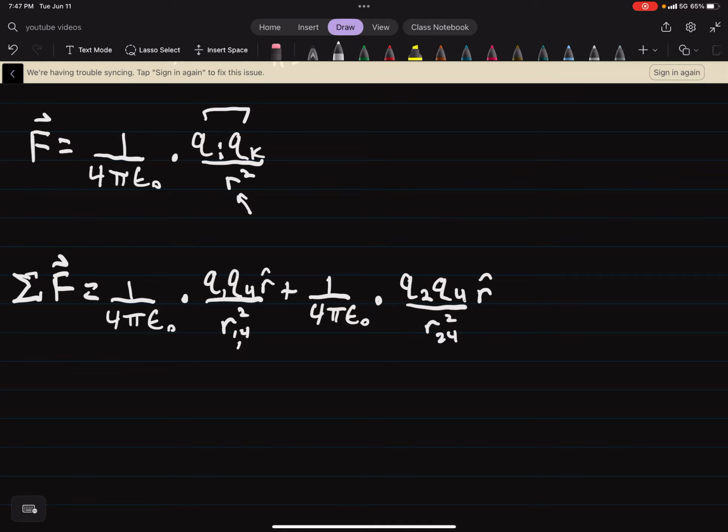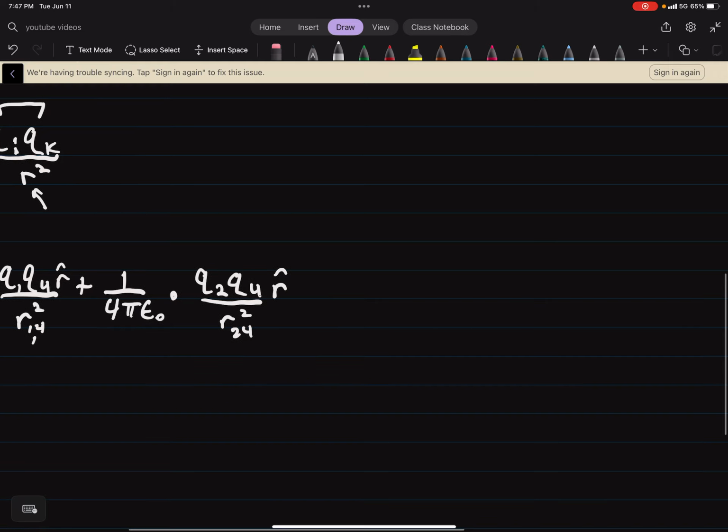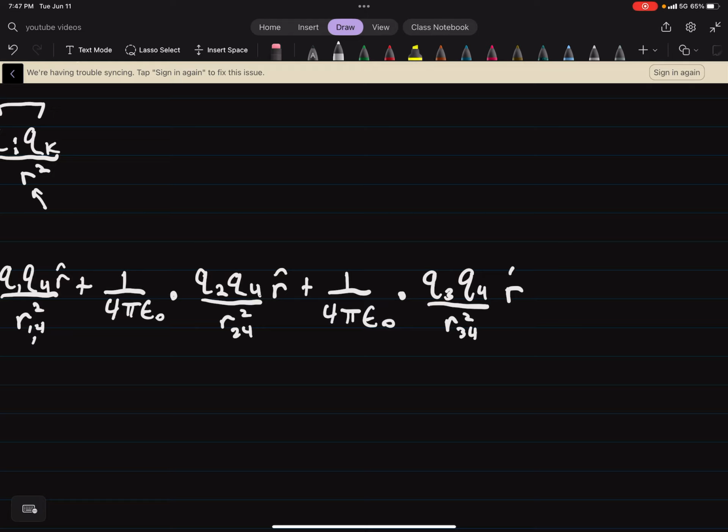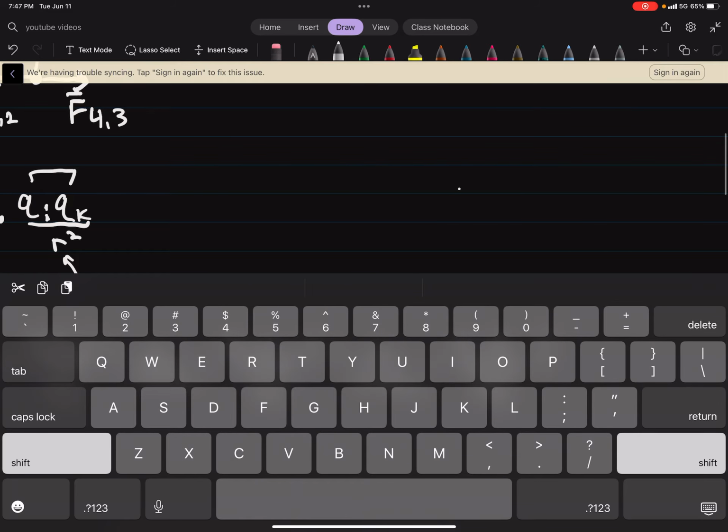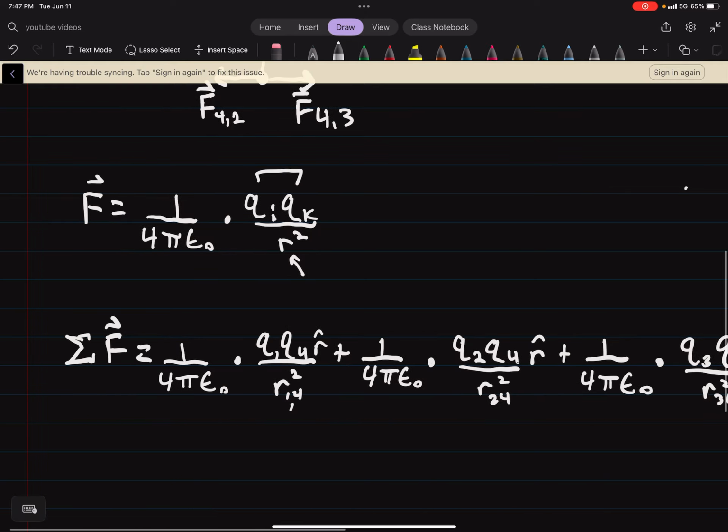Call it just r hat for now. Plus 1 over 4 pi epsilon naught times Q3 times Q4 all over that distance squared. So this is the most general way you could do it.